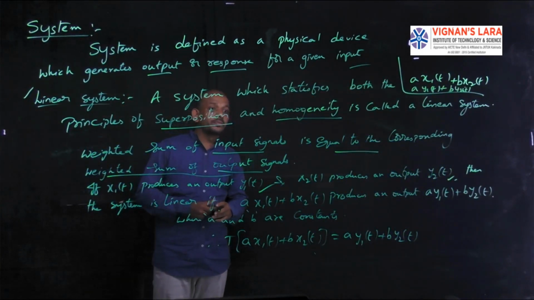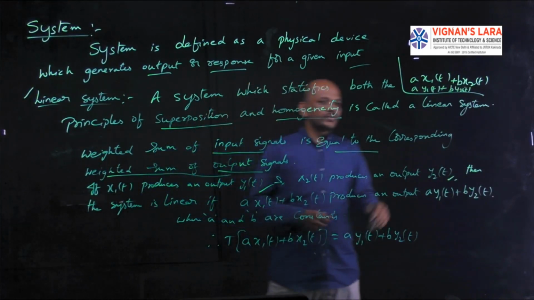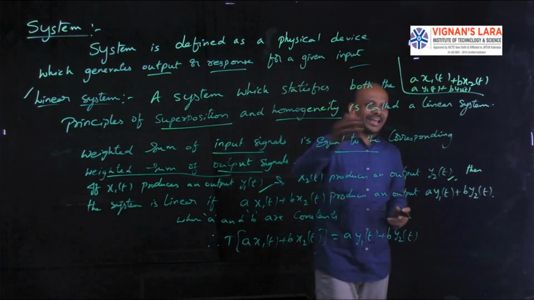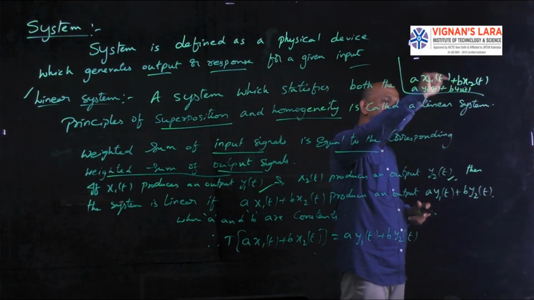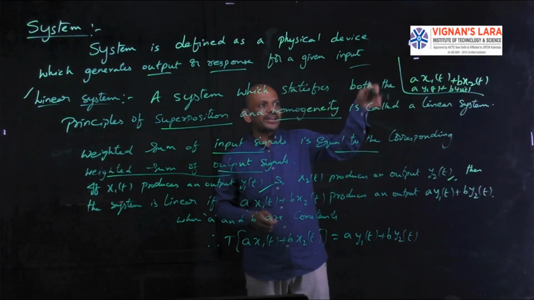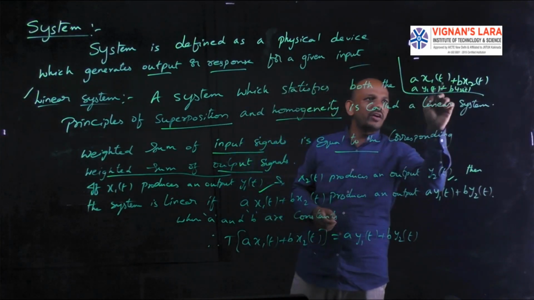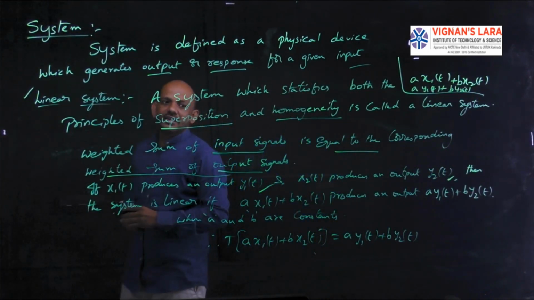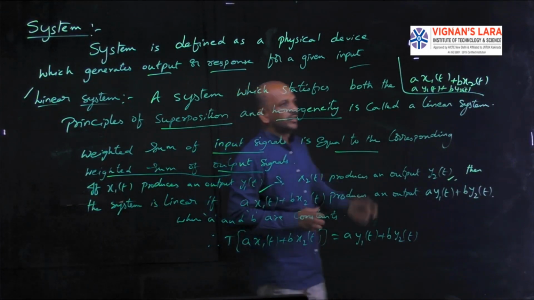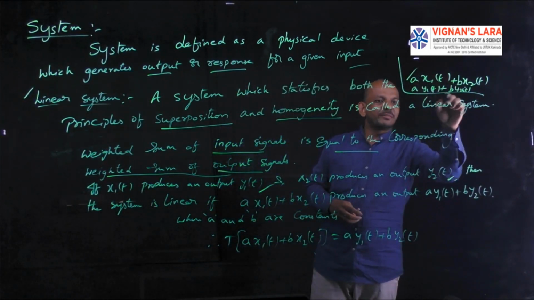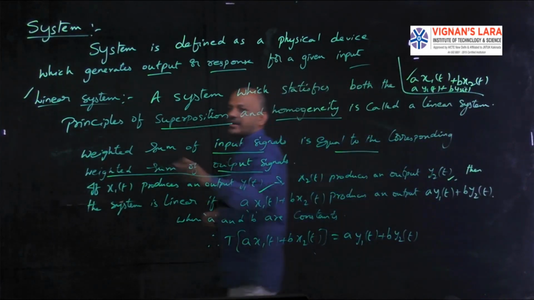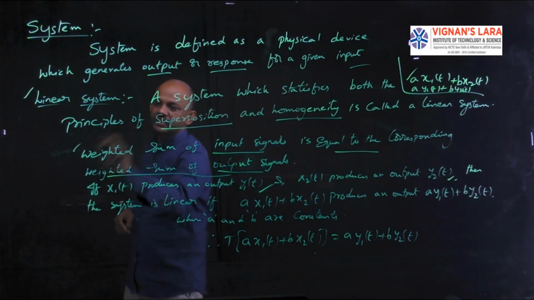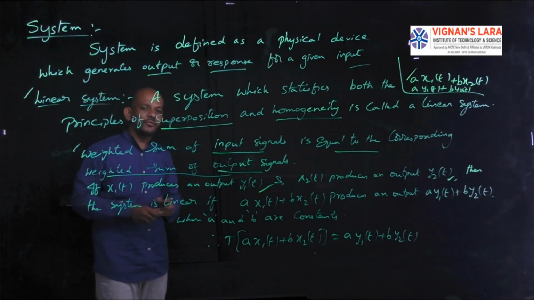So for the given system, if we give the input a into x1 of t plus b into x2 of t, then the system has to produce an output a into y1 of t plus b into y2 of t. Then I can say that system is a linear system. We can express this as: the weighted sum of inputs must be equal to the corresponding weighted sum of outputs.